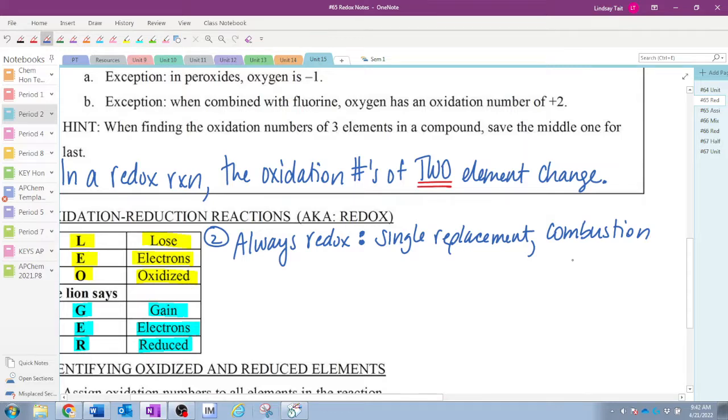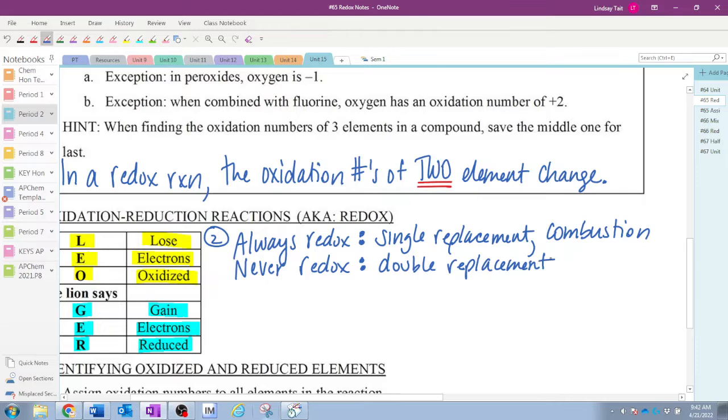So if you can look at your four answer choices, that could either help you immediately identify, like this one has to be a redox, or it could help you eliminate if they don't want the redox ones. Conversely, there is a type of reaction that will never be a redox reaction. And that is your double replacement.